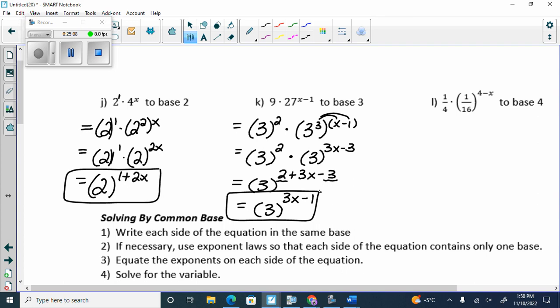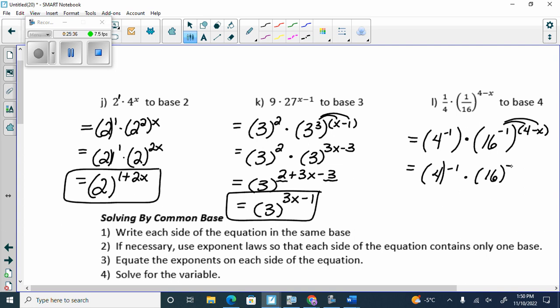L, we have a quarter and then 1 over 16. And we could change those. A quarter we can write as 4 to the negative 1. And then we're going to multiply that by 16 to the negative 1, and then 4 minus x. You can distribute that through. So I get 4 to the negative 1 times 16 to the negative 4 plus x.